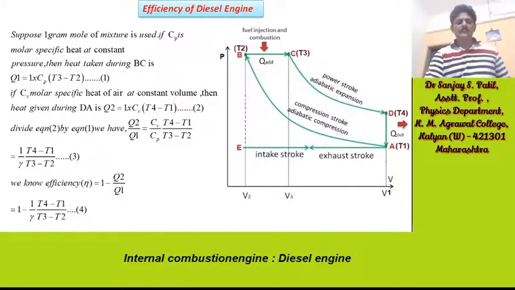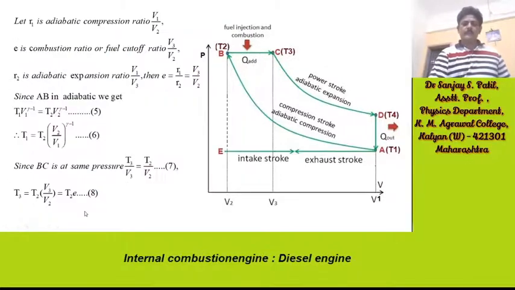So from this, equation 4 is given here. Let R1 be the adiabatic compression ratio, which is V1/V2, and E the combustion ratio or fuel cutoff ratio, which is V3/V2. R2 is the adiabatic expansion ratio, which is V1/V3. Then E = R1/R2 = V3/V2.